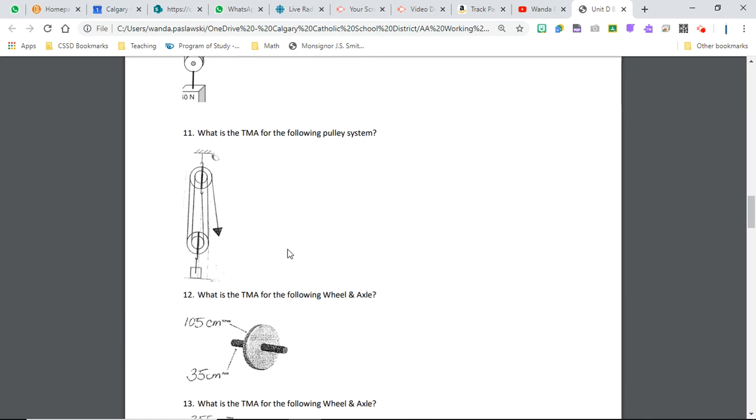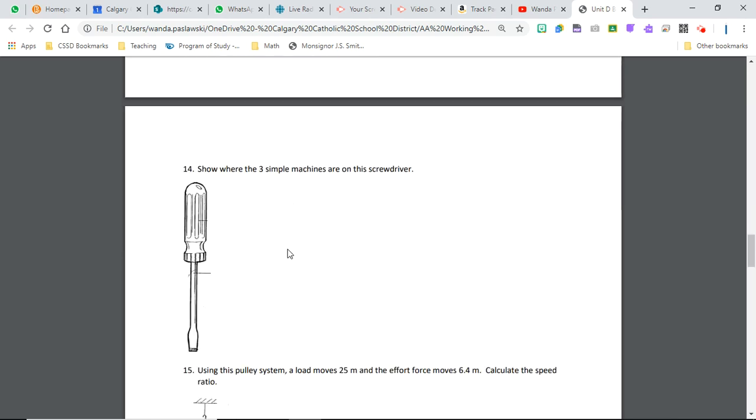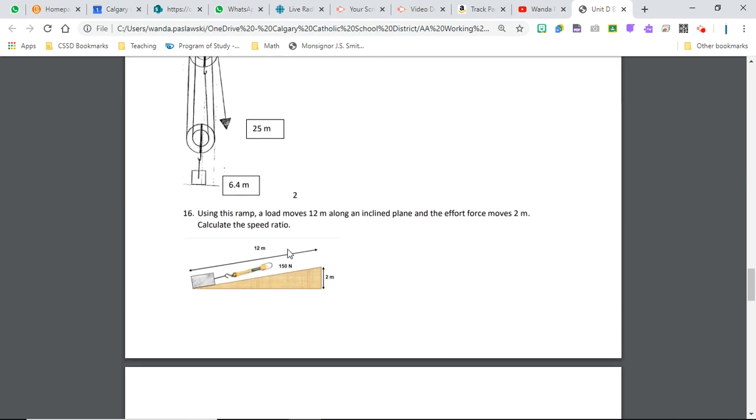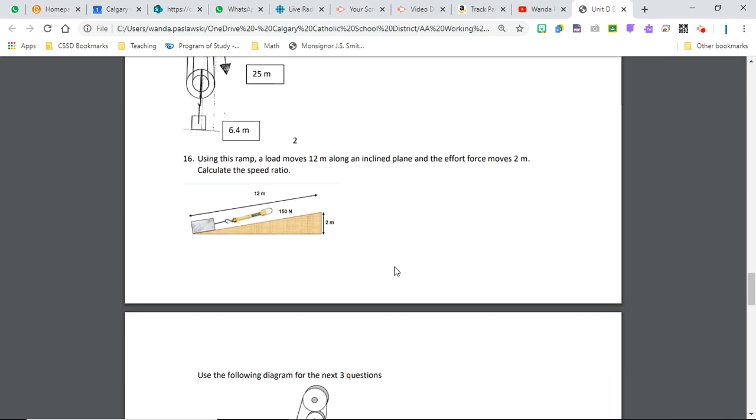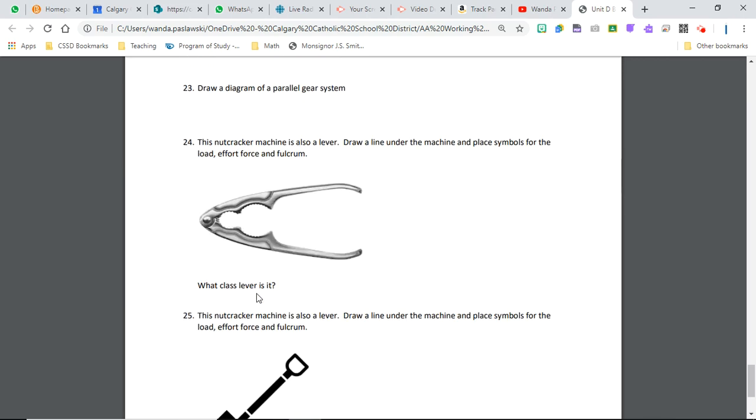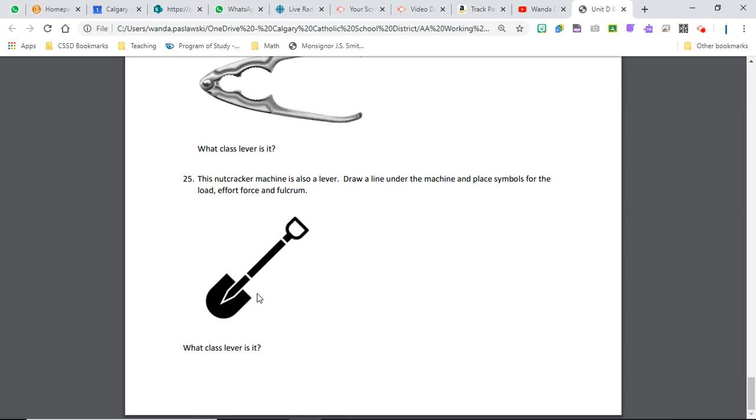If you have an issue with a printer, I'll put a Word copy of this as well, so you can put your answers in it and just submit it to me. If you have any kind of issues, let me know. Just email me. This review is going to be due on Monday. It's 6 pages. You're going to fill that in and submit it on the Dropbox.